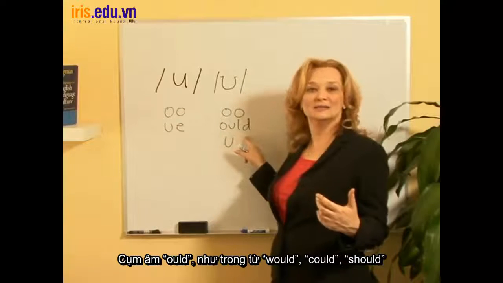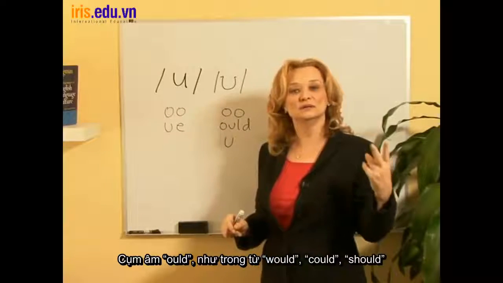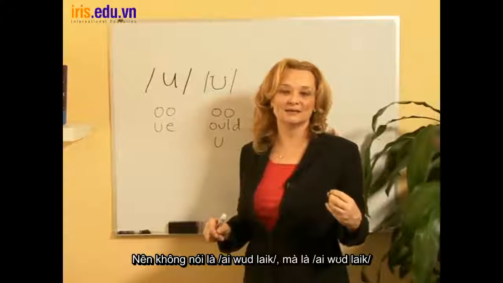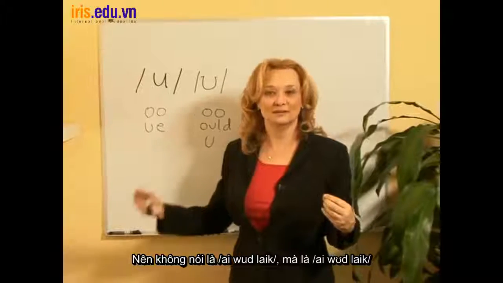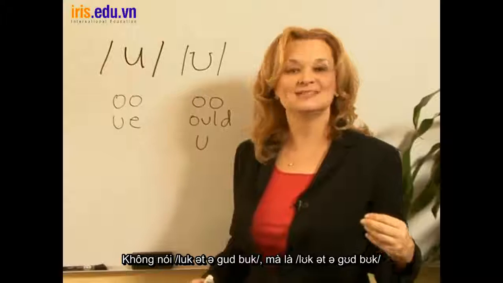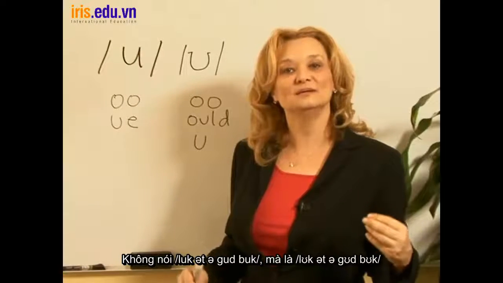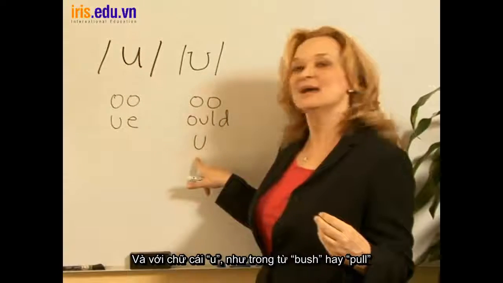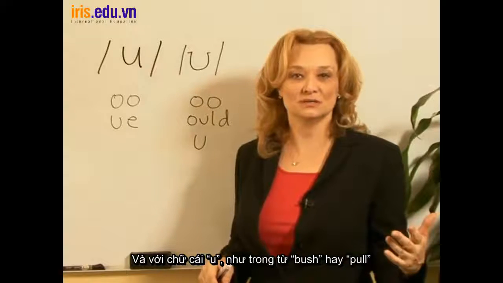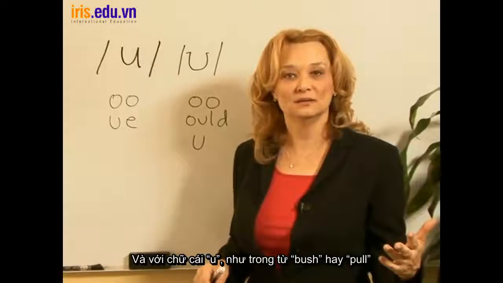And OULD, as in would, could, should. So don't say I would like, say I would like. Don't say look at the good book, say look at the good book. And the letter U, as in words like push and pull.